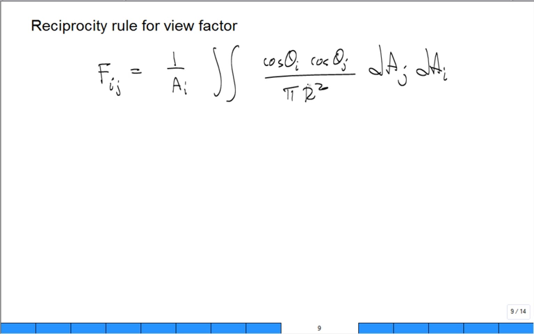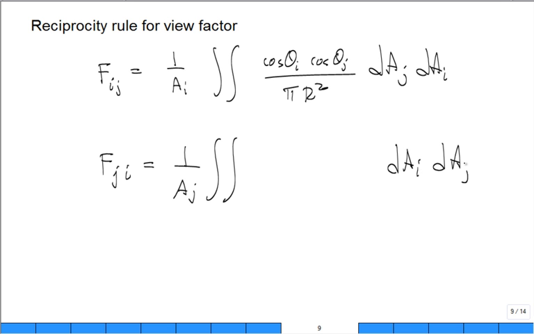Did I write that equation correctly? Yeah, that looks okay. Let's write out the view factor from j back to i. How would it change? Is it 1 over A sub j, double area integral dAi dAj, cosine theta j cosine theta i divided by pi r squared? Did I write it correctly for j back to i?